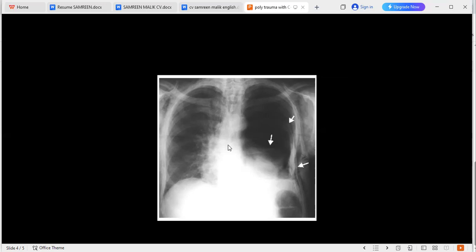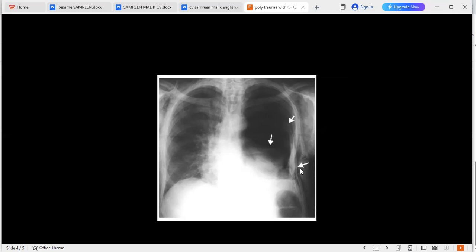Please discuss the image that you're looking at in front of you. What are these arrows showing? This is a chest radiograph showing a left side pneumothorax with rib fractures and also surgical emphysema. What else do you see?